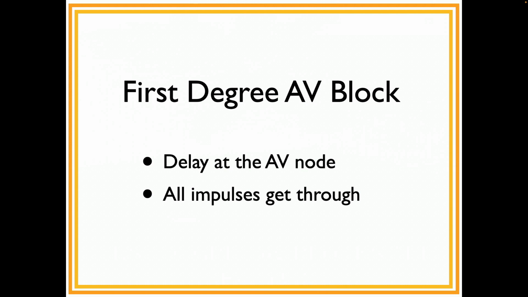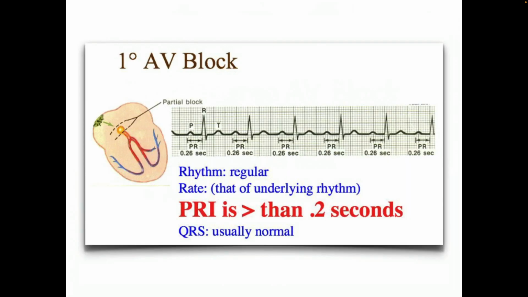The same thing with a first degree AV block: the impulse just, for whatever reason, sits in the AV node a little bit longer than normal. All of the impulses get through. When you're looking at a first degree AV block, there is 1 P wave for every QRS, 1 QRS for every P. There are no orphan or non-conducted P waves, unless something else is happening.